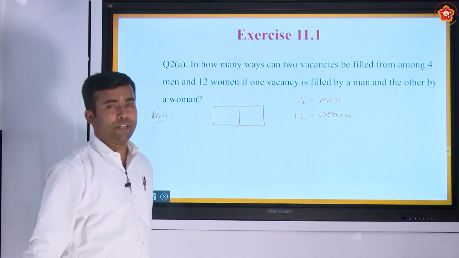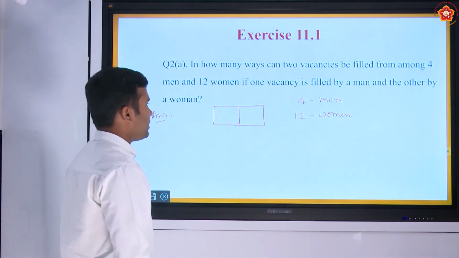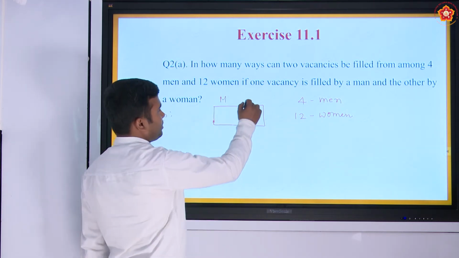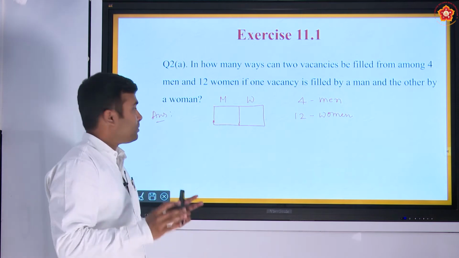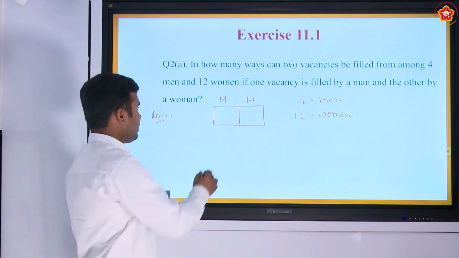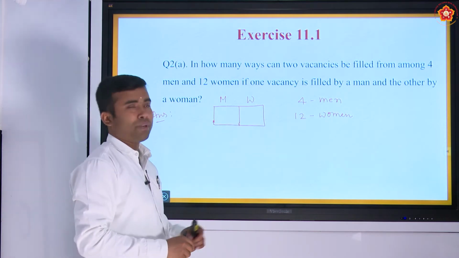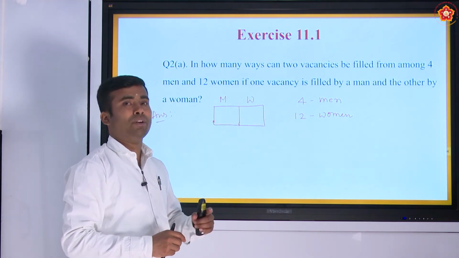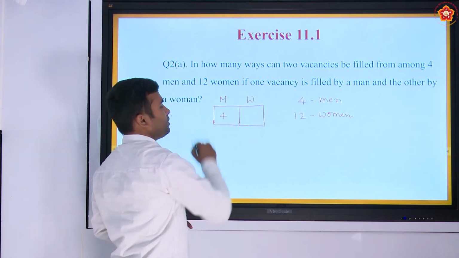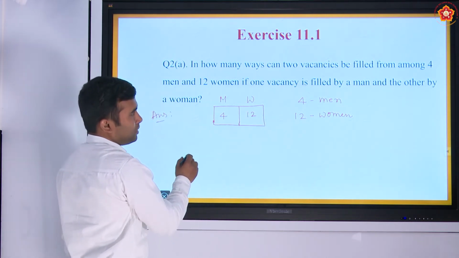If I take this as the vacancy for men and this as the vacancy for women, how many men are there? There are 4 men, so this vacancy can be filled in 4 ways. Similarly, the other is for women and that vacancy can be filled in 12 ways. Means there are 4 choices here and 12 there.